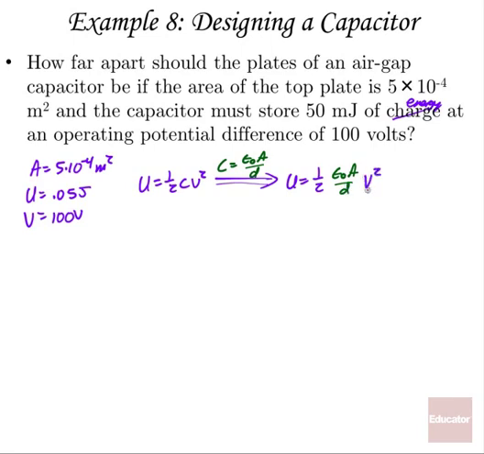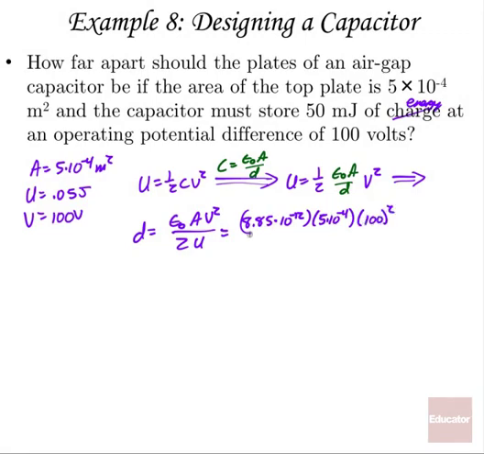times V squared. If I rearrange this a little bit to find how far apart or the distance between them, I would say that the distance then, solving for D, is going to be epsilon naught times A times V squared divided by 2 times the potential energy, which is 8.85 times 10 to the minus 12 times our area, 5 times 10 to the minus 4 square meter, times our potential, 100 volts squared, divided by 2 times 0.05 joules.